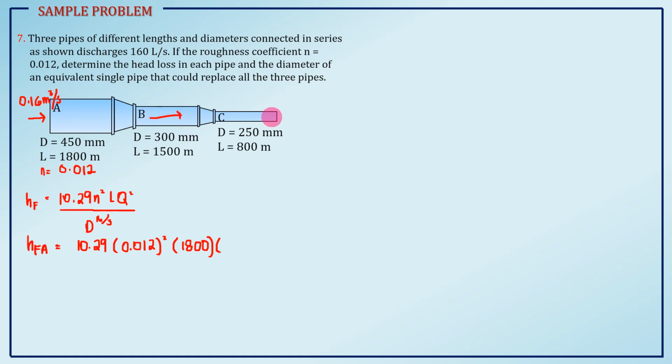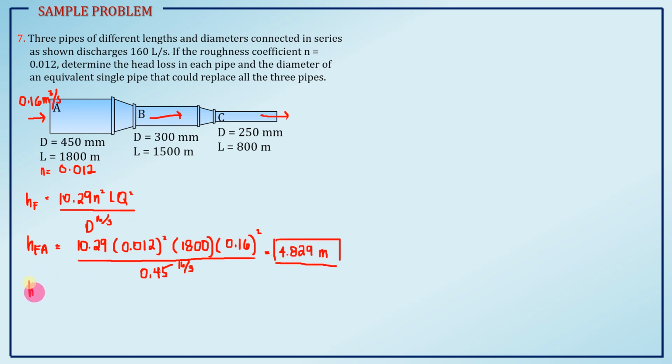Yan yung nagpo-flow sa pipe natin. We have 0.16 raised to 2. Then, divide natin sa given na diameter, 0.45, 16 over 3. Ayan. So, let's solve for HFA. It is equal to 4.829 meters. So, that is the head loss at A. So, answer natin yan.